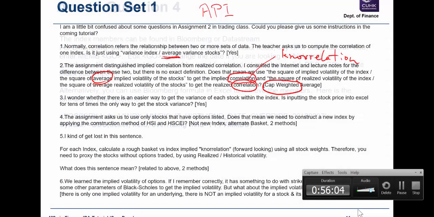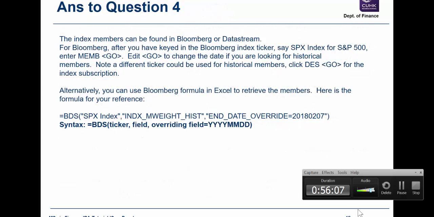Now, just to give you a bit more guidance on this, we don't have Datastream, so you won't be doing that. But for Bloomberg, if you're using the HSI index, after you call up the index, you just type HSI Index and go, and then it should start showing you a whole load of information.